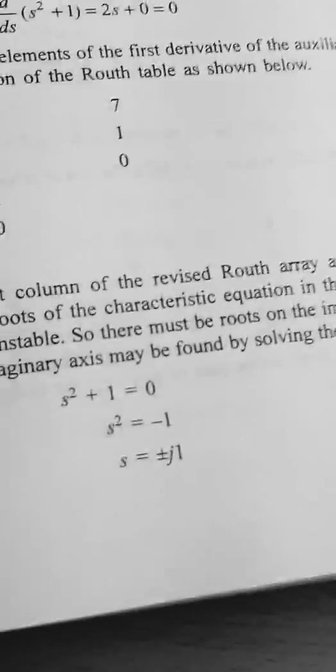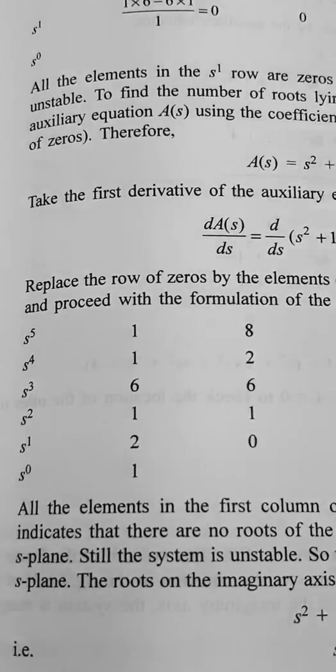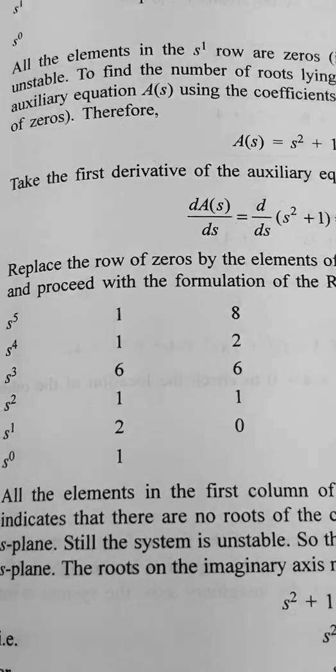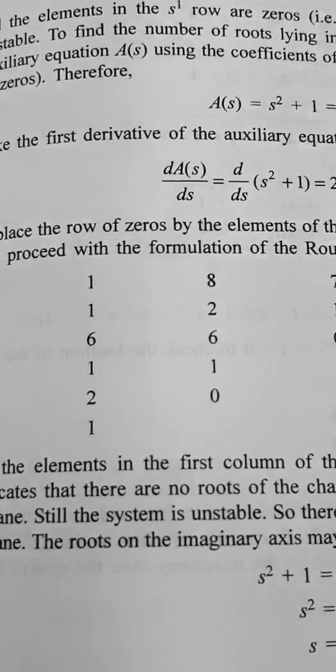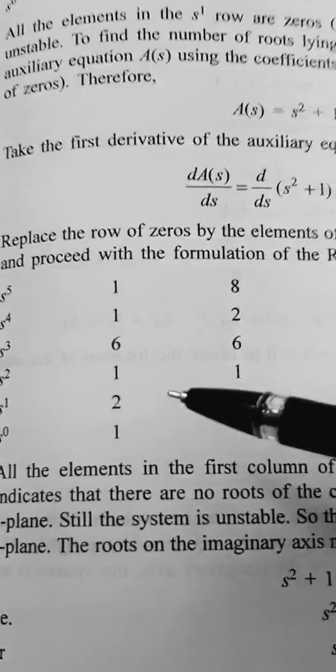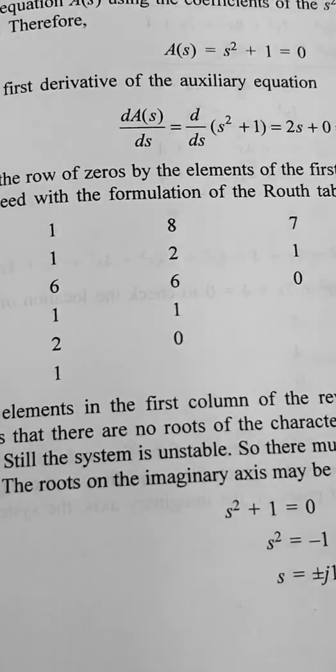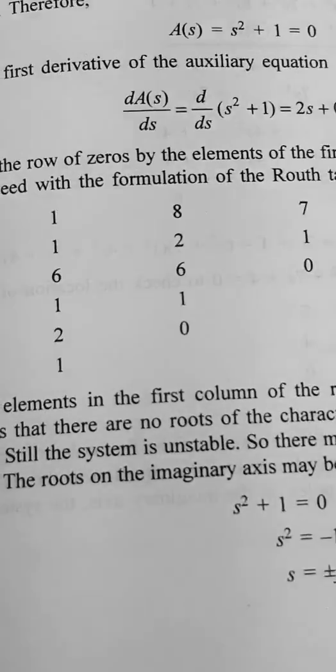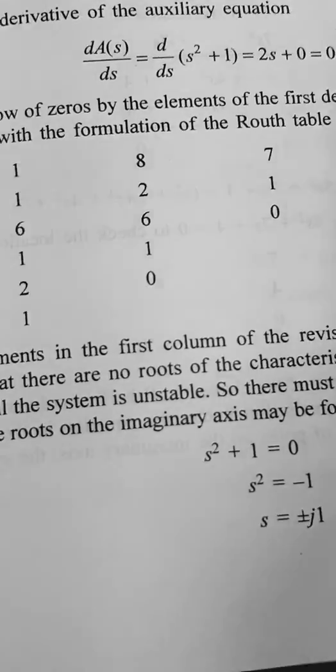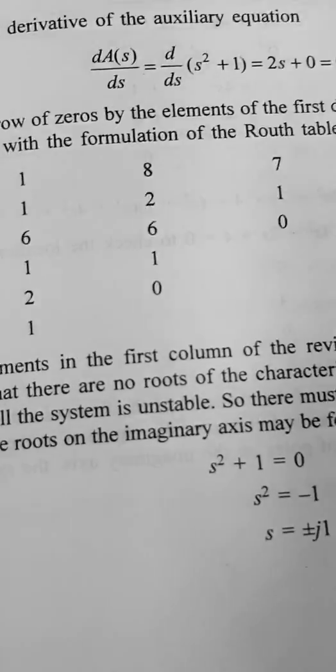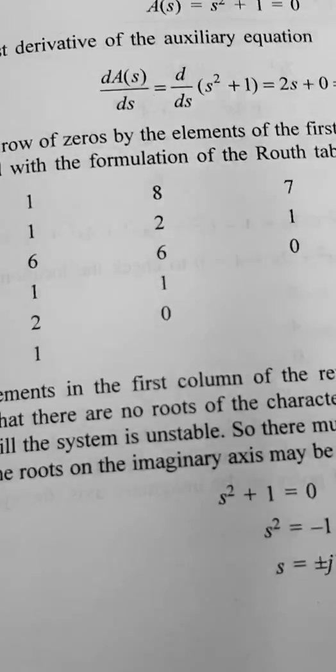If all the elements are positive, then you can say that there are no roots on the right half of the S plane. Here you can see that all the elements are positive, so there won't be any roots on the right half of the S plane, but it is not stable also, meaning that there are roots on the imaginary axis.